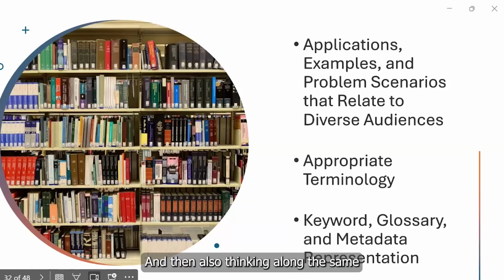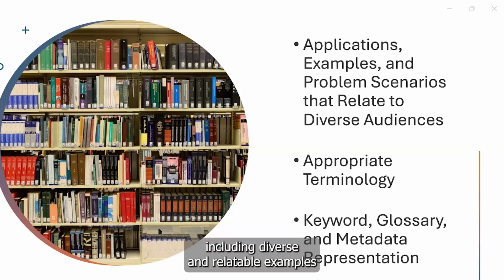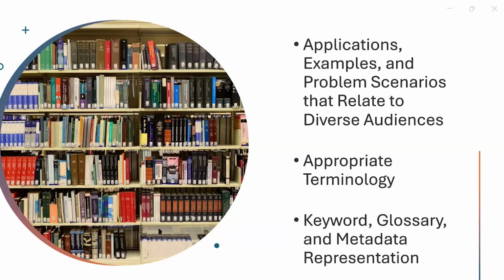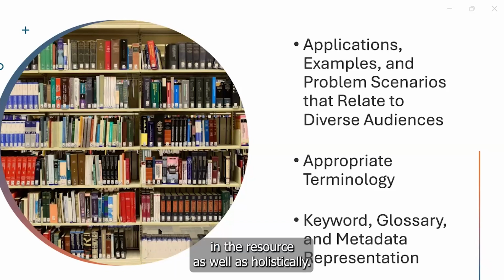And then also, thinking along the same lines, ways to create material that are more inclusive would be including diverse and relatable examples for students, but also to avoid stereotypes. So this could be done on a chapter or a section basis in the resource as well as holistically.